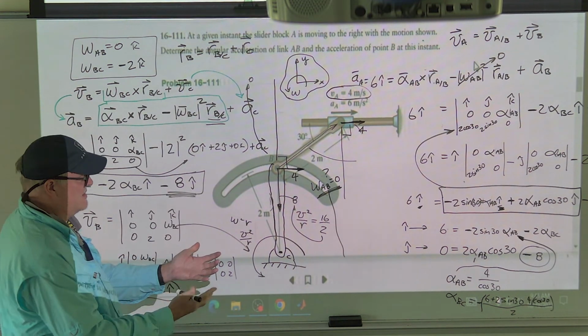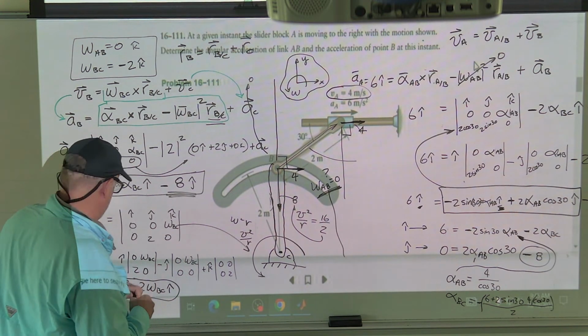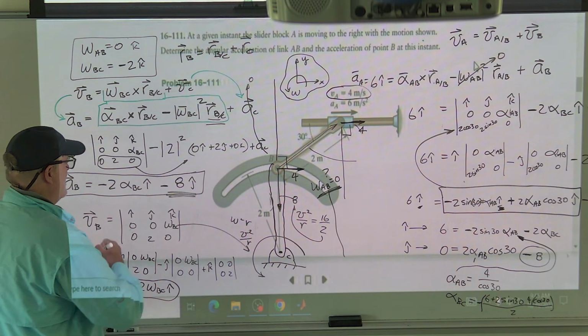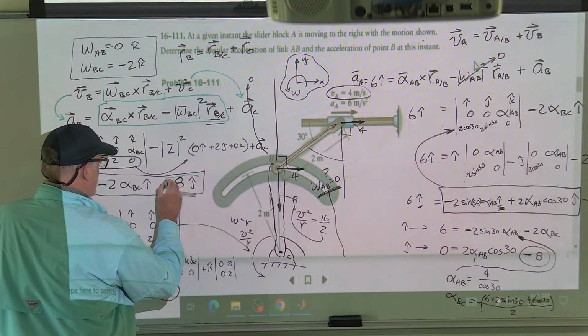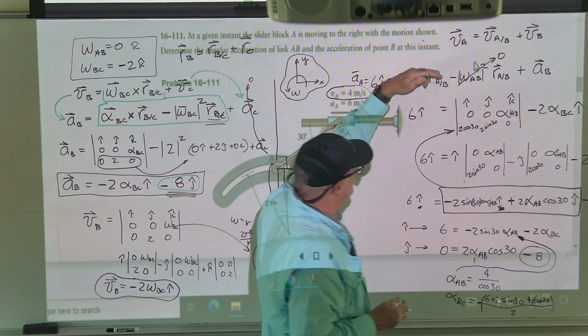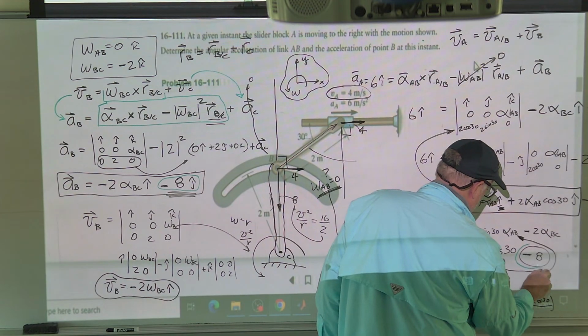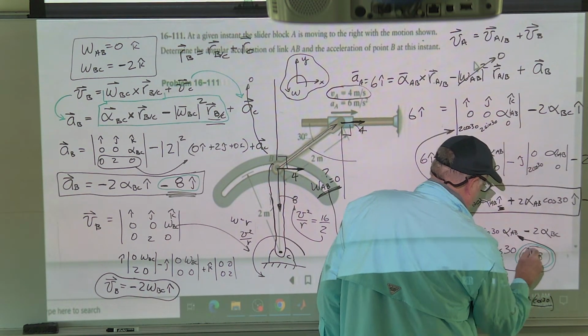There is no instant center for acceleration, number 1. The reason it causes a problem is because of the centrifugal term. When you get over here, it looked exactly like the velocity, except this centrifugal term got stuck in there.